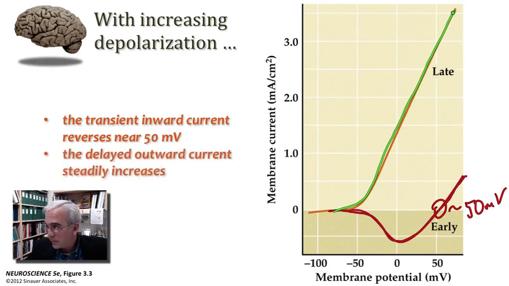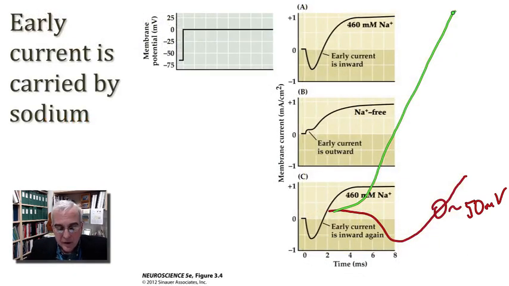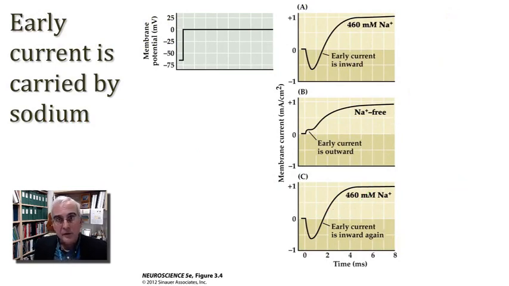Now, knowing something about the ions that are present in seawater and having some sense of what the ionic contributions might be to the cytoplasm within axons, knowing something about the Nernst equation, and then having the ability to manipulate some of these empirical parameters in the experiment allowed Hodgkin and Huxley to identify the ions that are carrying these two kinds of currents.